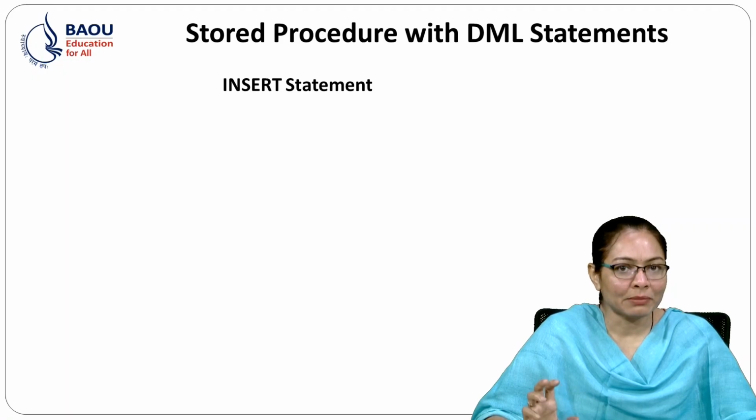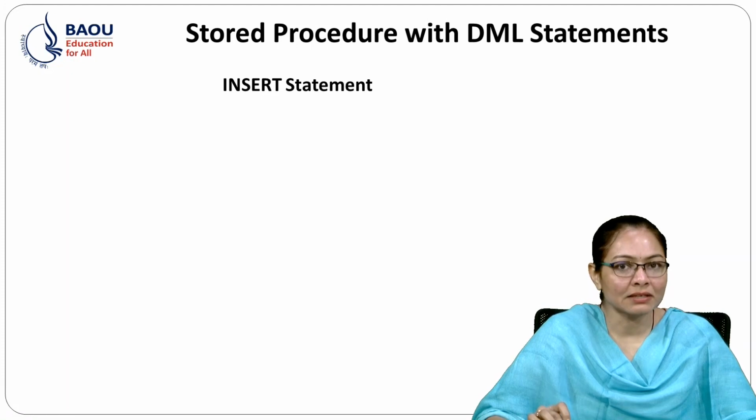Suppose the employee table has 4 columns: employee number, employee name, city and salary. So the procedure will accept 4 IN parameter variables. IN mode is used to accept the value, as I already discussed. Using this, it will insert the records into the employee table.